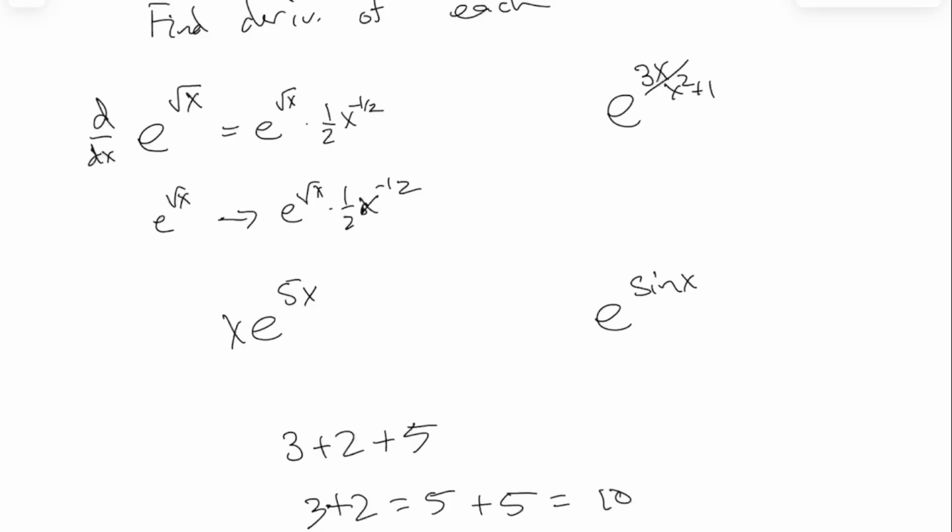I know what you mean, but you shouldn't write that because that's not true what you wrote, right? This is the kind of thing that I think about sometimes. Maybe nobody cares about this. This says 3 plus 2 equals 5 plus 5, which equals 10. That's not all true, right?